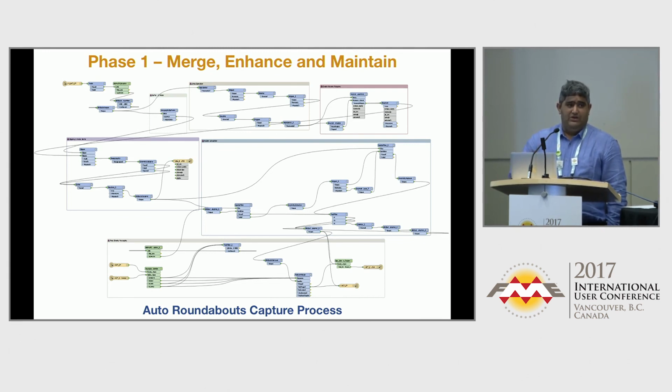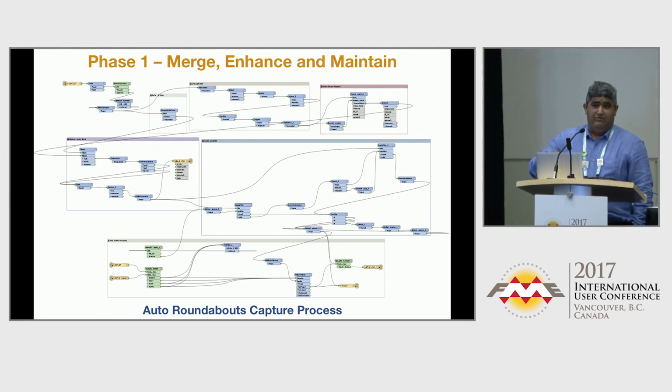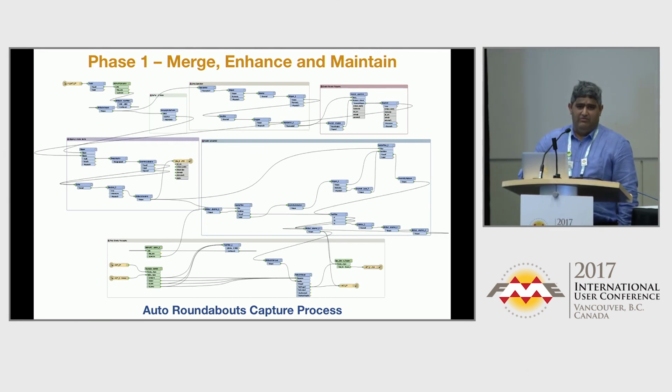We could not rely on the line direction because this data is not developed by them to meet the routing capabilities. So in this process, we manipulate that line direction and rearrange it so that the line direction gives us the flow of the traffic. And we assign one-way values, and we change the specification in this process.